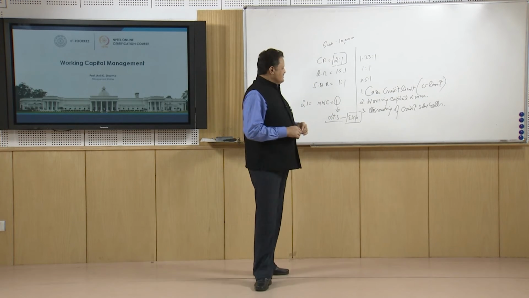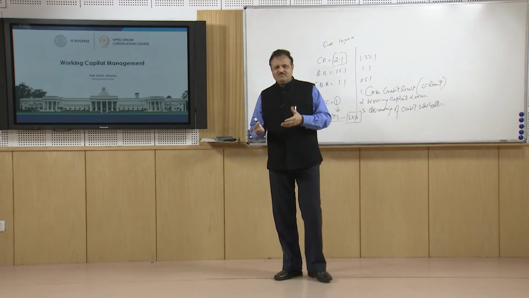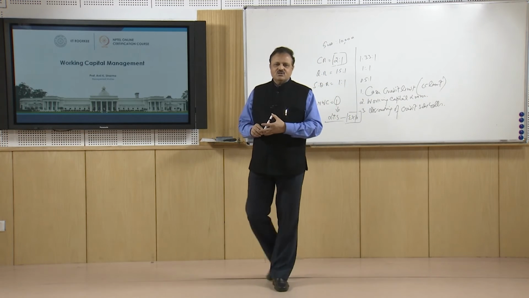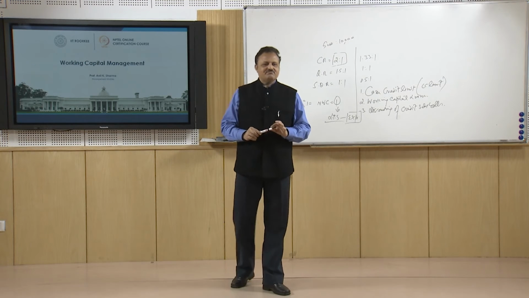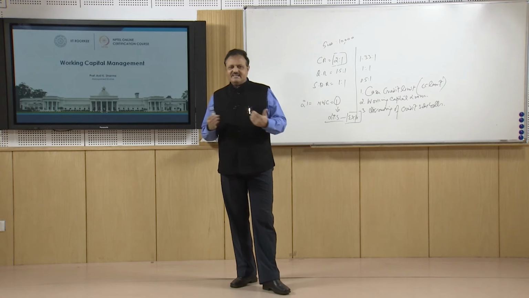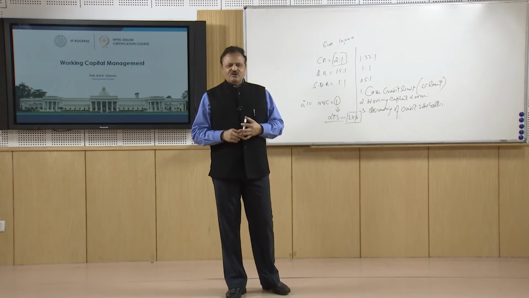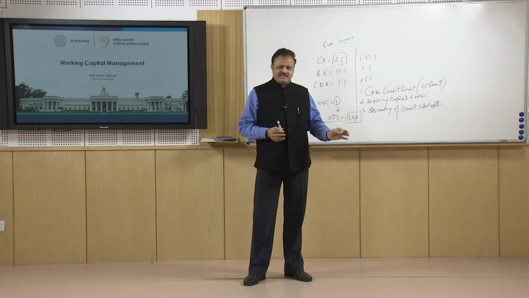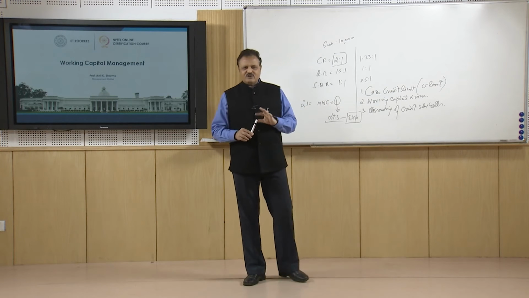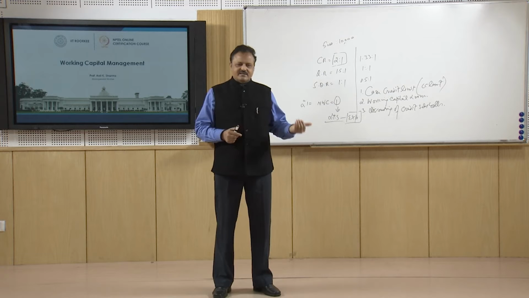So here in the first case, firm borrowed 2 lakh rupees to make the payment to the supplier, and that 2 lakh rupees the firm has used for a period of say 15 days. After 15 days, firm received some 2 lakh rupees from some credit buyer or maybe on account of cash sales, and those 2 lakh rupees were deposited in the bank, and the 2 lakh rupees which were withdrawn by the firm 15 days back are returned to the bank.